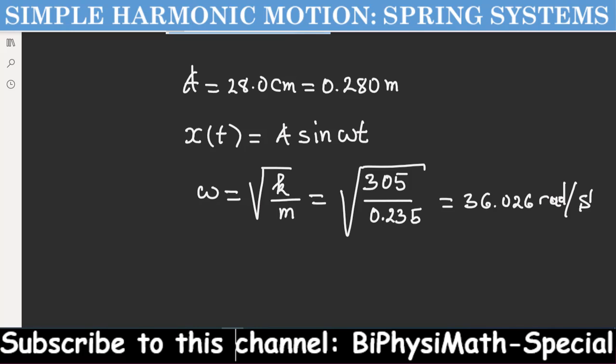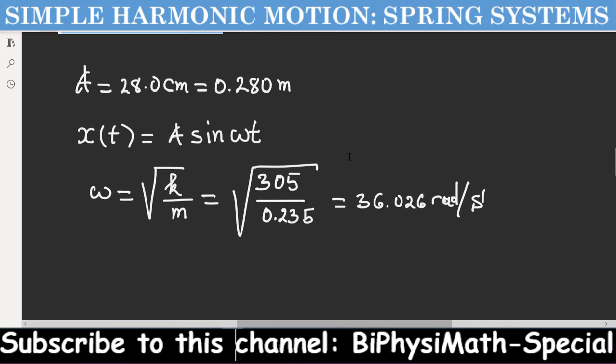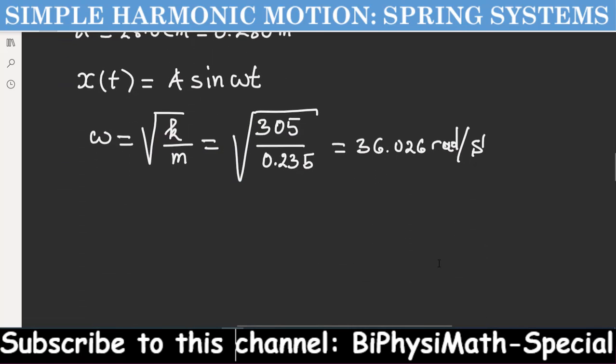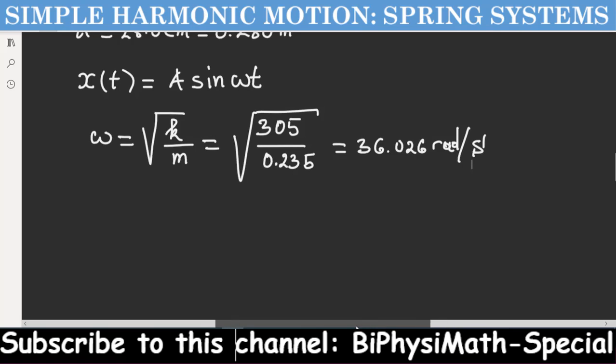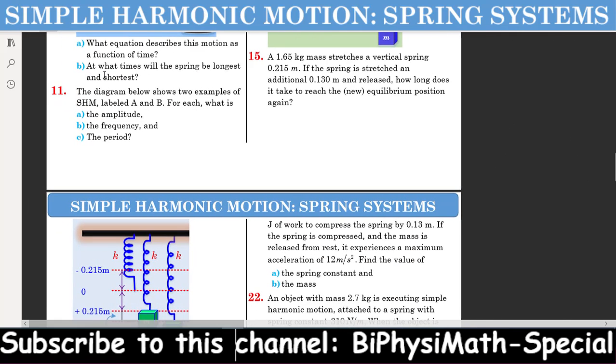Now, having this angular frequency, what equation describes this motion as a function of time?